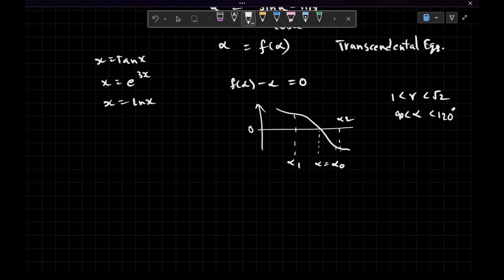Then you take the middle value, alpha 1 plus alpha 2 by 2, and substitute it. If it comes out above 0, the next value should be between this value and alpha 2, or if it comes out negative, the next value should be between alpha 1 and that alpha 3 value.